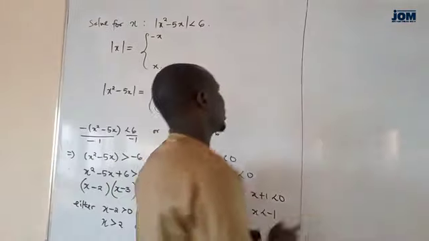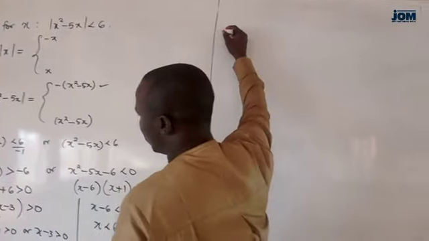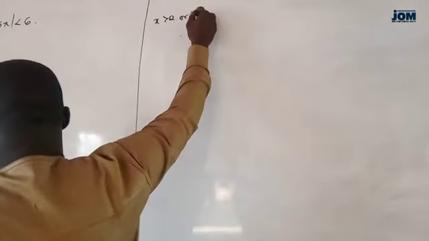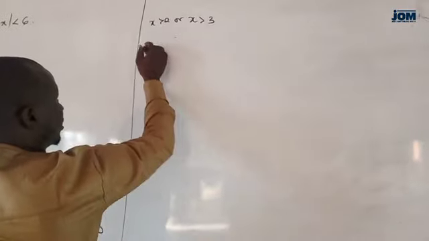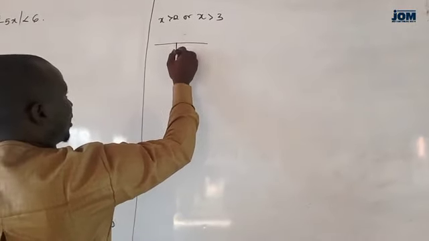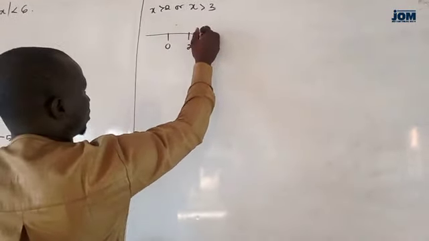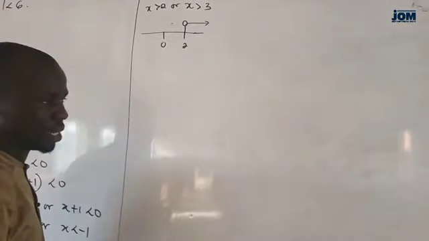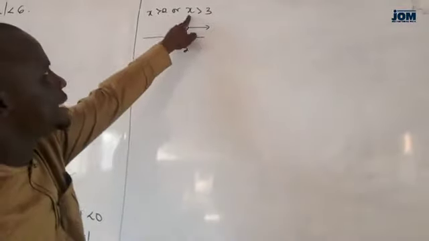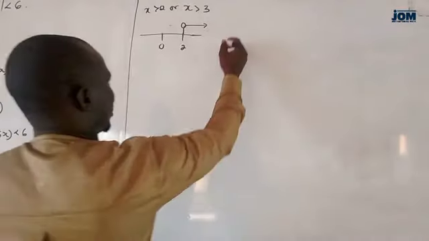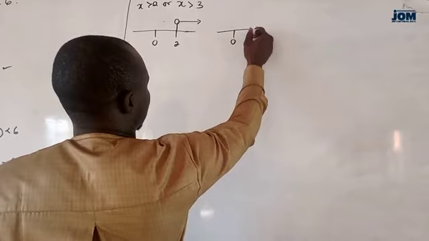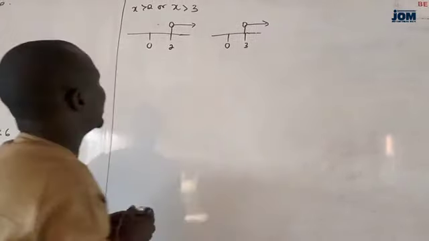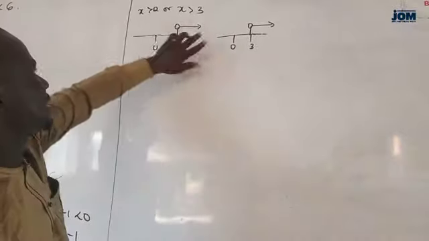Now for the first one, for x greater than 2 or x greater than 3, for x greater than 2, if here is 0, here is 2, it means all values here can work. But what happens when it is also greater than 3? That means here is 3. At the same time, x is greater than 2 or x is greater than 3.